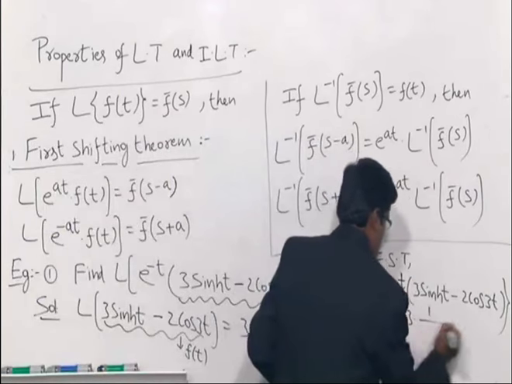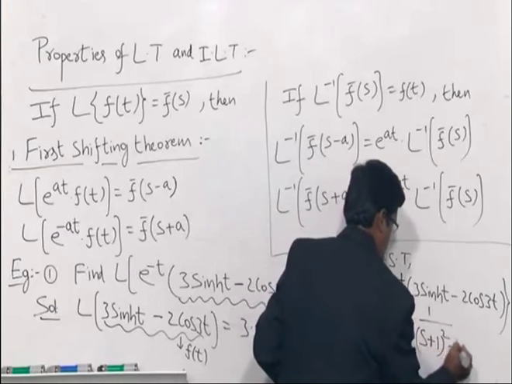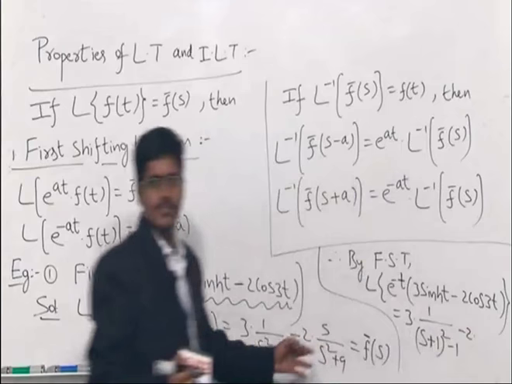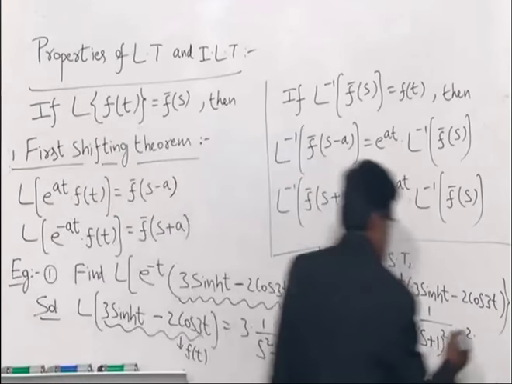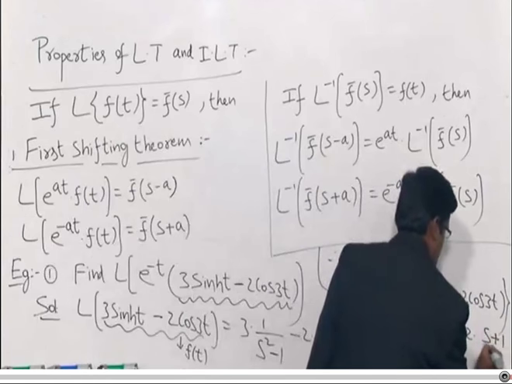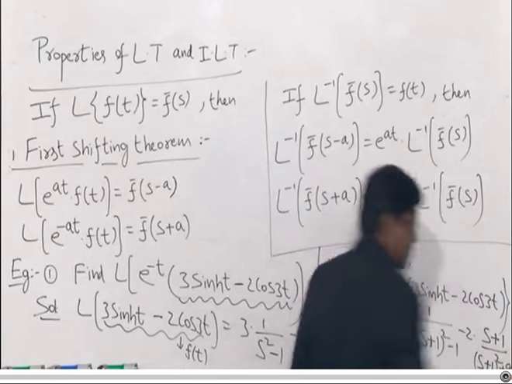So 3 times 1 over s plus 1 whole square minus 1, minus 2 times, in this also s is replaced by s plus 1, s plus 1 divided by s plus 1 whole square plus 9. That is the answer.